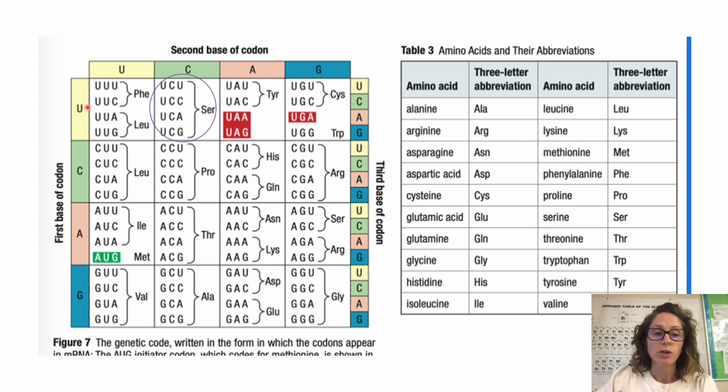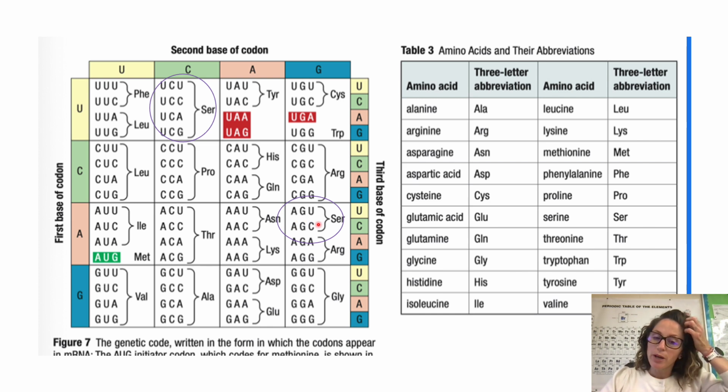So we have the U, C, and then any of the 4 third nucleotides are going to call over a serine tRNA. We also have down here these codons that would call over a different tRNA, but still bringing over serine, and that's AGU and AGC.